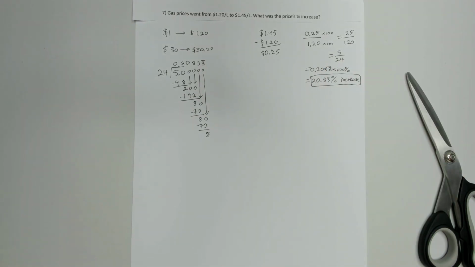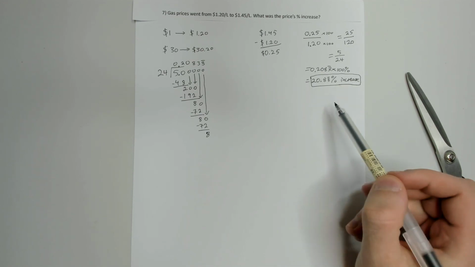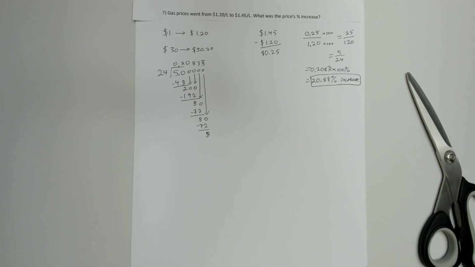So that means that the price increased by about 20%, which is quite a lot actually. For a price increase, that's a substantial amount for a price to go up by.